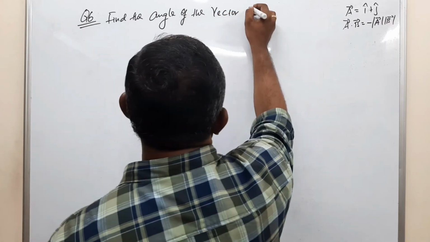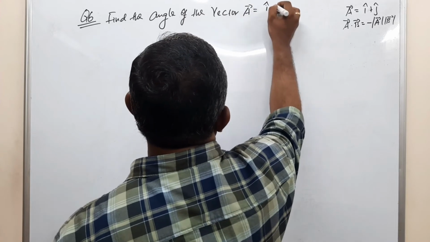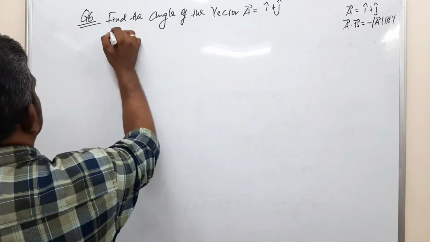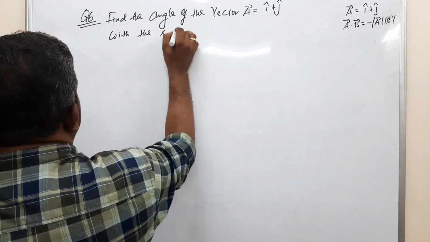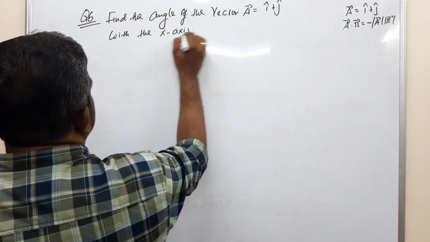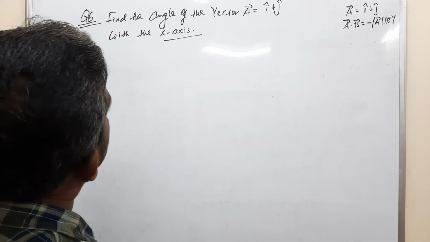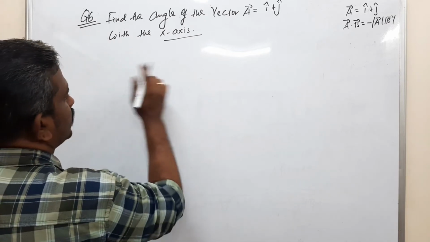Find the angle of the vector A = i cap plus j cap with the x-axis. The vector is given in rectangular component form with the two axes.